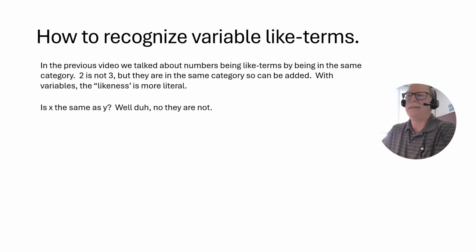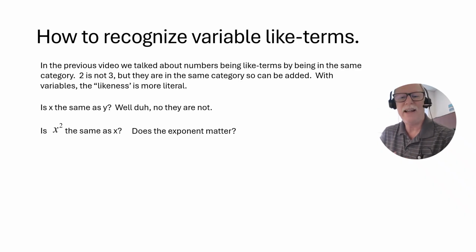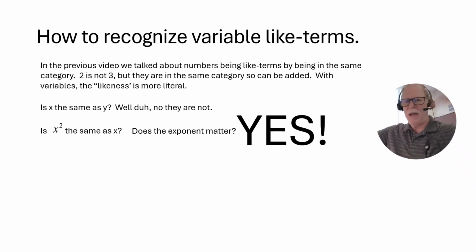X is not Y, so they're not like terms. But is X squared the same as X? Does that exponent matter? And dramatically, yes, super giant with an exclamation point. That is the absolute essential nature of our algebraic like terms.